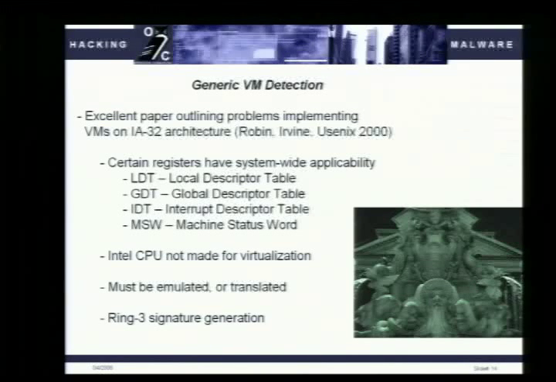So you have the LDT, the local descriptor table, the GDT, global descriptor table, IDT, which is the interrupt descriptor table, and this is the technique used by Joanna's Red Pill, and also the machine status word. So anytime a program is executing inside of VMware, these instructions and these register reads have to be emulated, and that's where we make our tool useful.